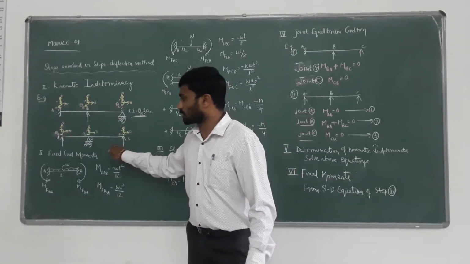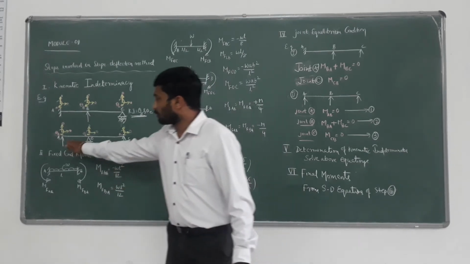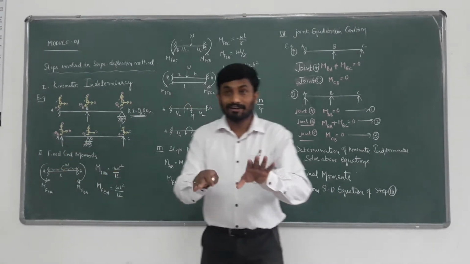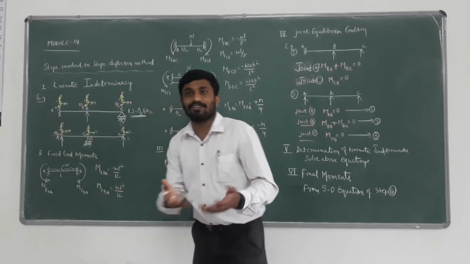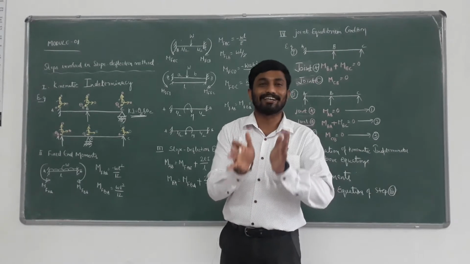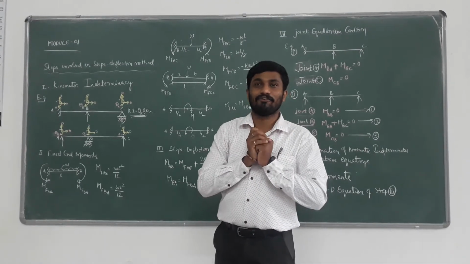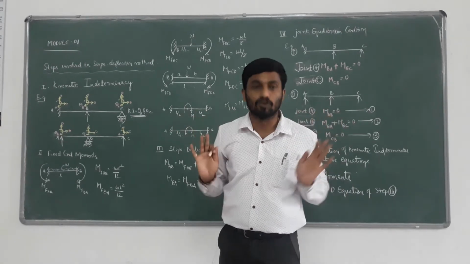Similarly, if you consider the second example, here is a simple support. You may say, sir, horizontal displacement is possible, but our assumption is axially rigid. When you assume axially rigid, axial displacements are ignored.